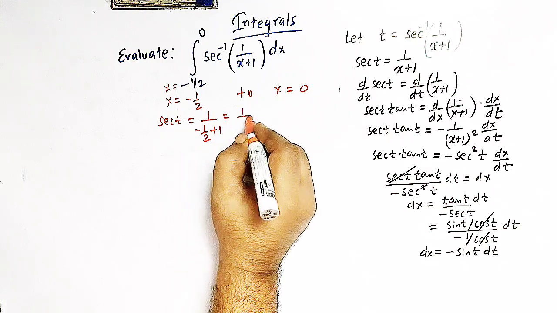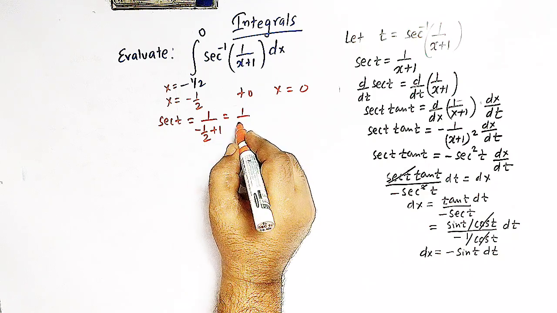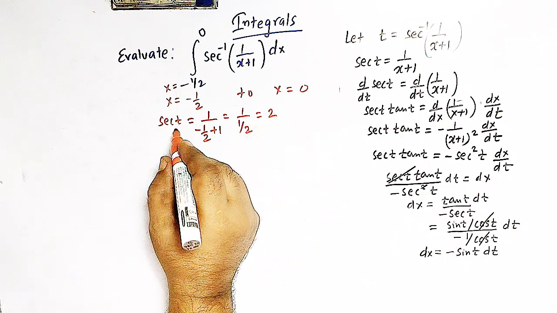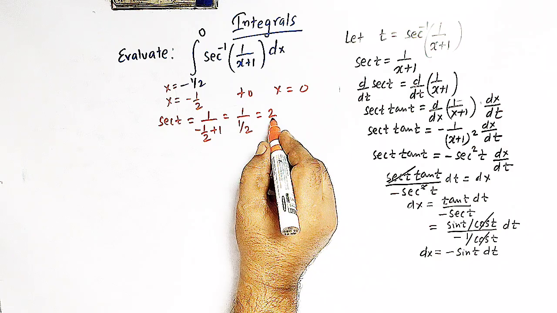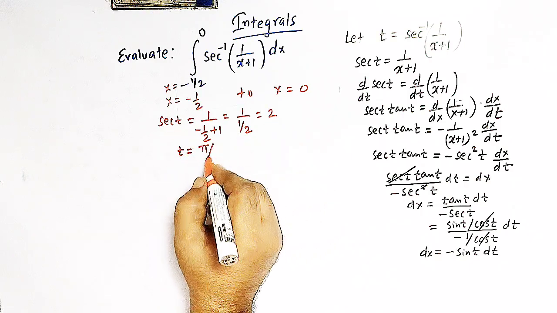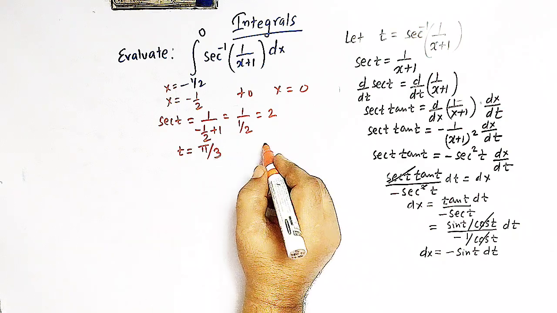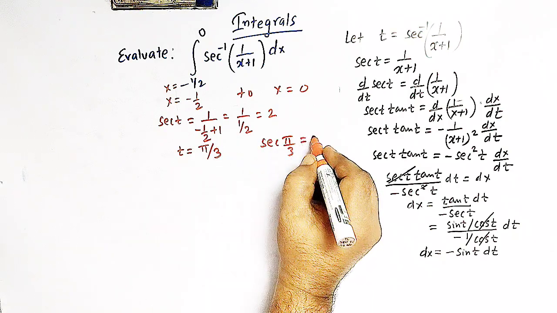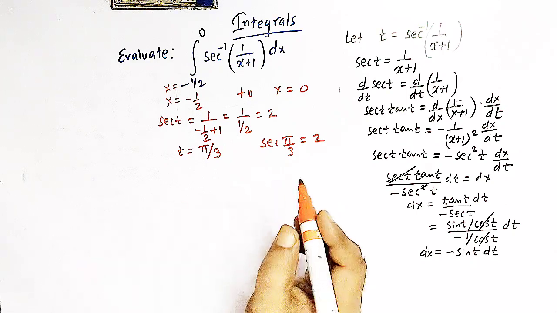So this is 1 over half, which is 2. So secant t is equal to 2. So t is equal to pi by 3, because secant pi by 3 is equal to 2.